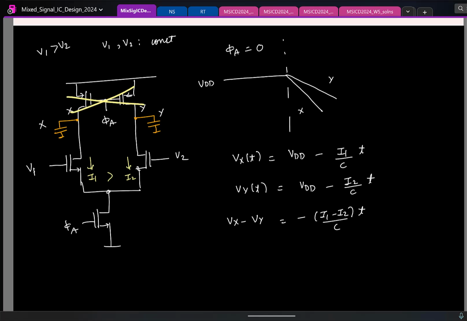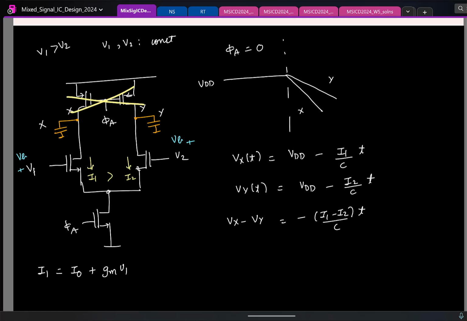Now if I look at the total current I1, remember I'll have some bias voltage here on top of this. Now corresponding to the bias voltage, you will have some quiescent current, say some I0, and then a small signal V1 is applied. What will be the small signal current added? GM times V1.